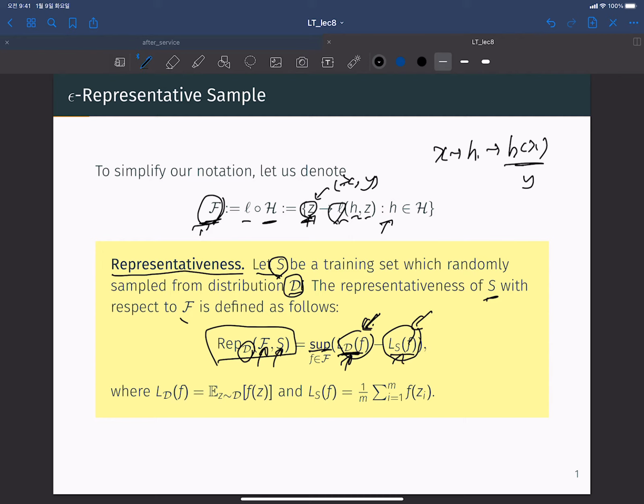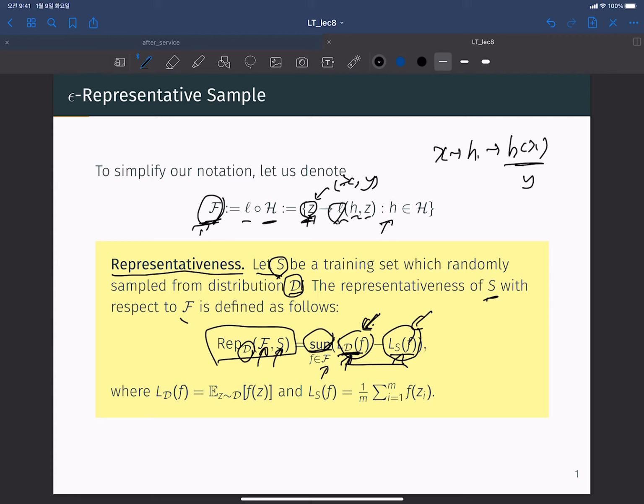We want to compute the supremum. Supremum means the worst case of this generalization gap, the test loss minus the training loss, over the whole function class.